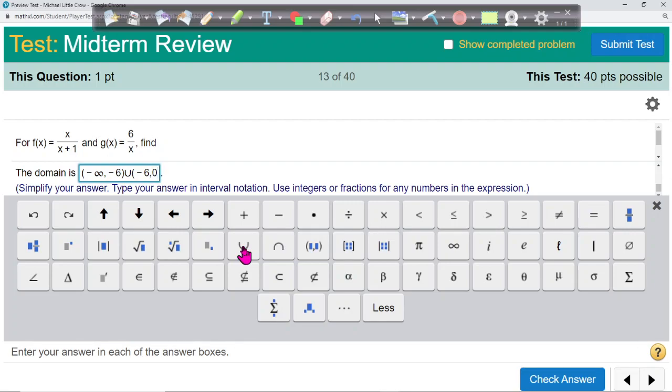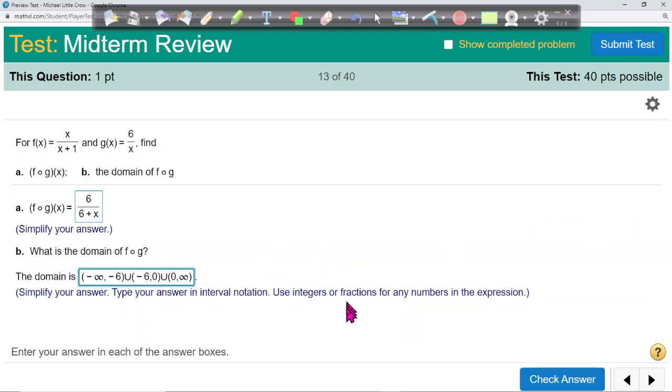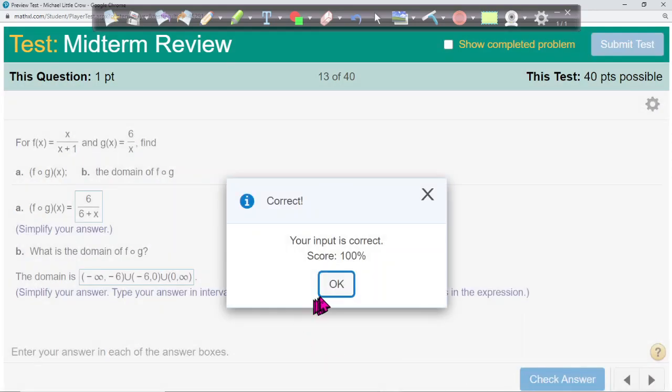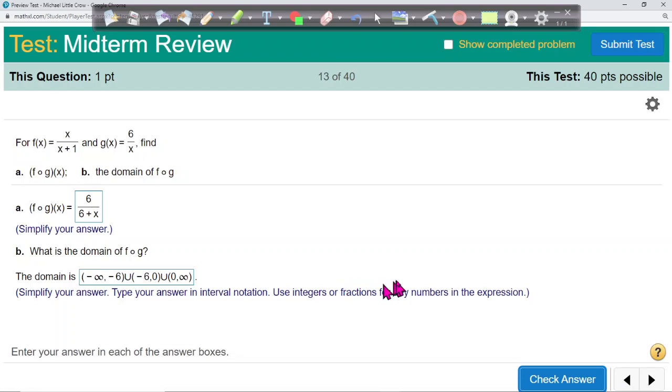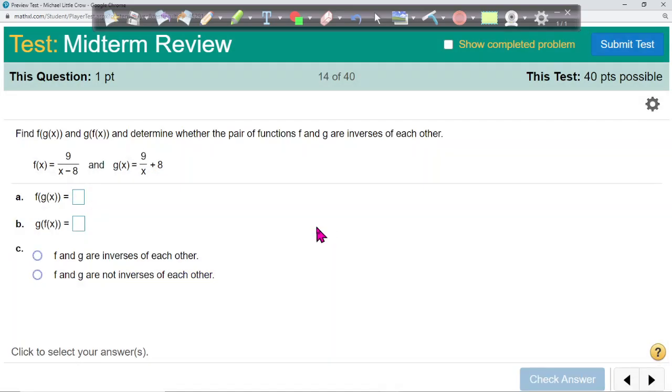We go all the way to 0, we remove the 0 by removing both the left and right side, but then we go to infinity, and close it off with a parenthesis. So watch your formatting. Yes, we can review this, but it's always nice if you put it in the way the system likes it. You get your test score correct the first time. That's that.